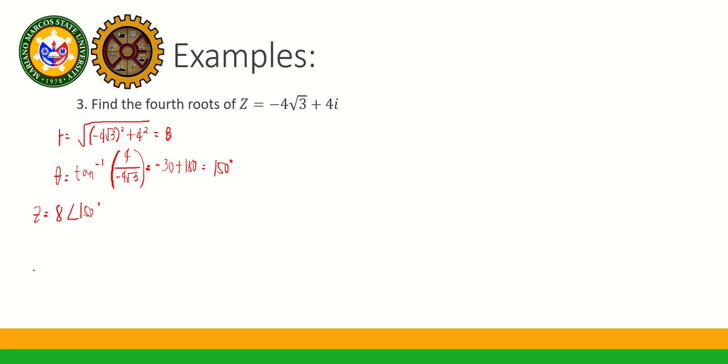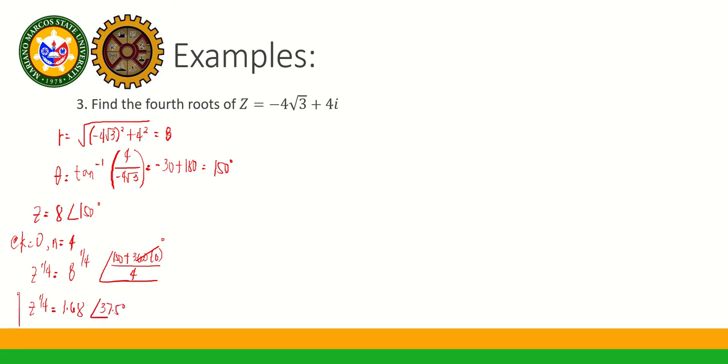So at k is equal to 0 and n equal to 4, so z raised to 1/4 is equal to 8 raised to 1/4 angle 150 plus 360 times 0 all over 4. Okay, so this will be equal to 0. Our first root or principal root will be equal to 1.68 angle 37.5 degrees.